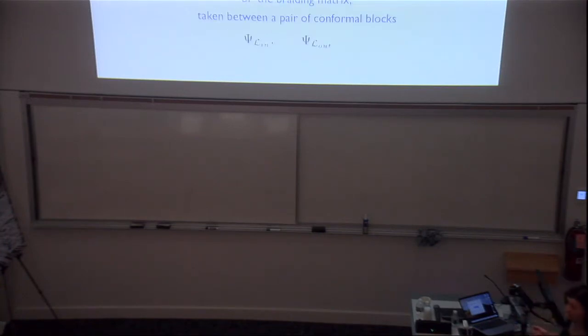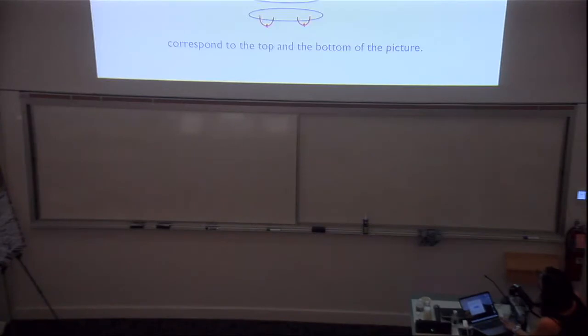The corresponding quantum link invariant is a matrix element of the braiding matrix between a pair of conformal blocks, like this. The pair of conformal blocks picks out which matrix element you're considering, the top and the bottom of the picture. How do you close off the braid into a link invariant?